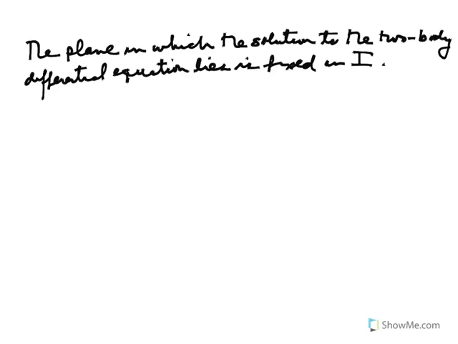So in order to be able to now use that information, we need to somehow construct a direction in that plane, which is fixed in the inertial frame, that will allow us to describe where the spacecraft is at any point in time. And we're actually going to do that now in the next step.